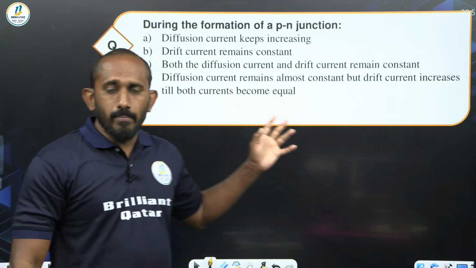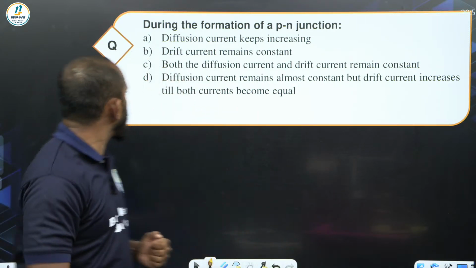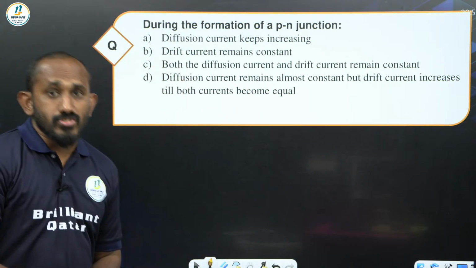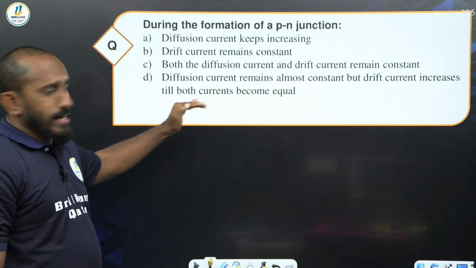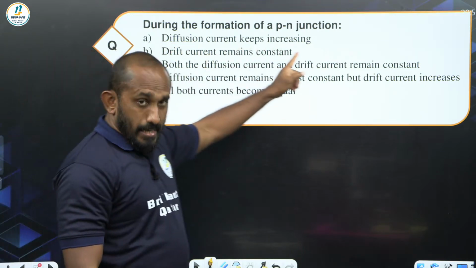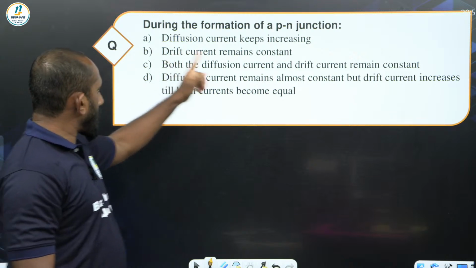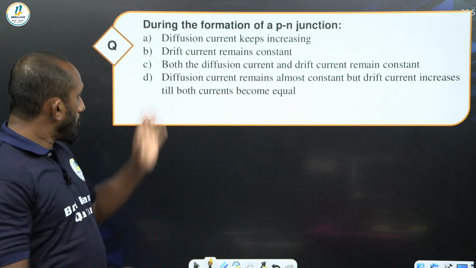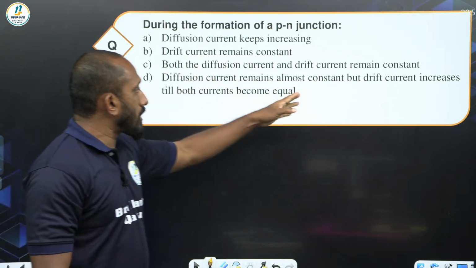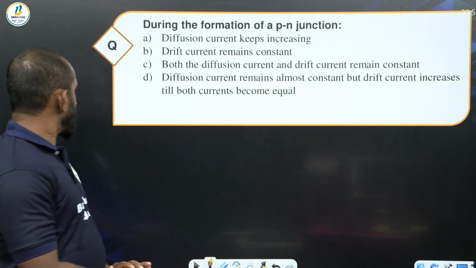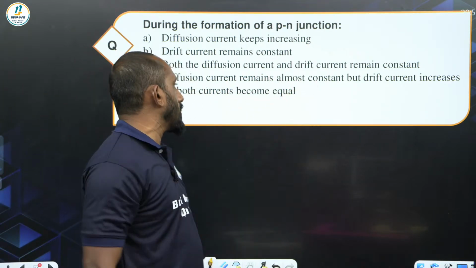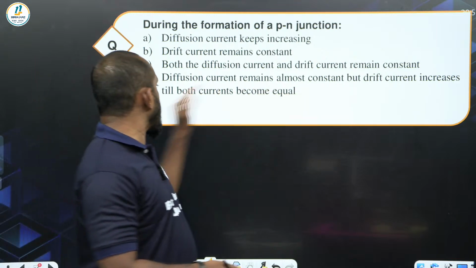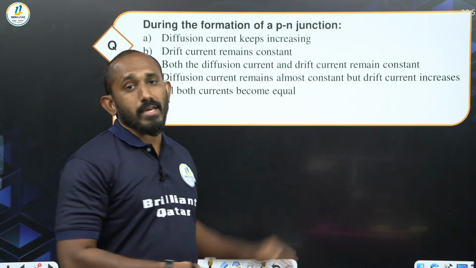Again a question from the semiconductor devices. During the formation of a PN junction: diffusion current keeps increasing, drift current remains constant; both the diffusion current and drift current remain constant; diffusion current remains almost constant, meaning minute variation will be there, but drift current increases till both currents become equal.